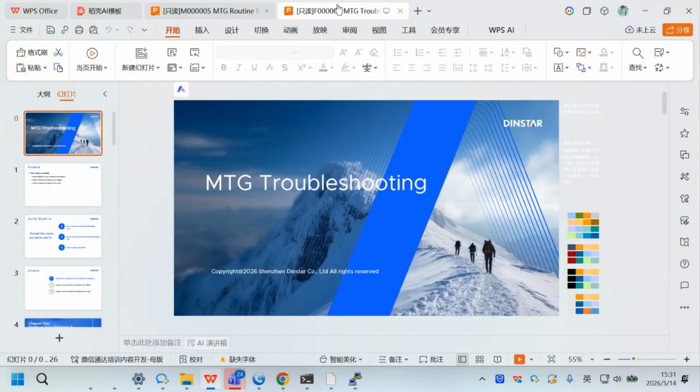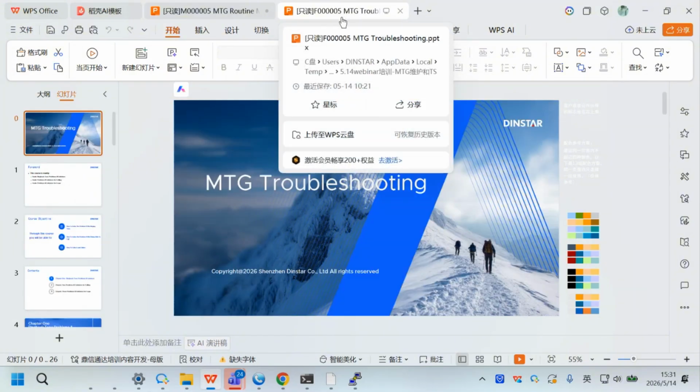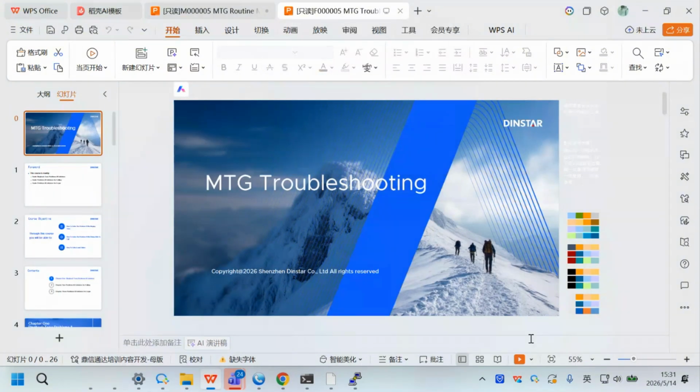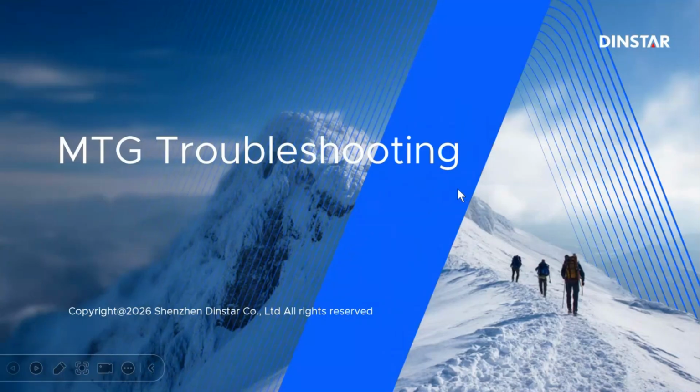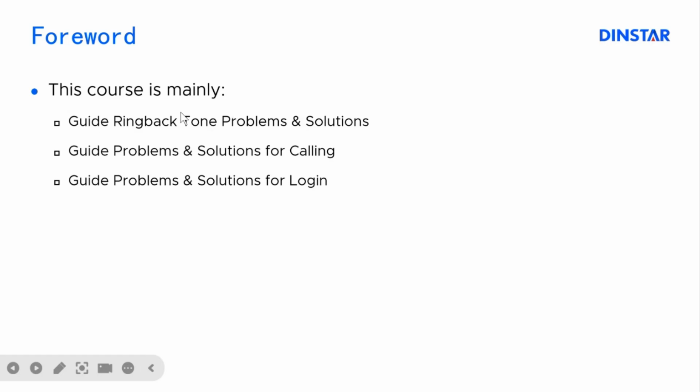Okay, let's move to the next part, MTG troubleshooting. So this topic is troubleshooting. In this training, we will focus on the most common faults in daily MTG usage, mainly including three major types of problems.